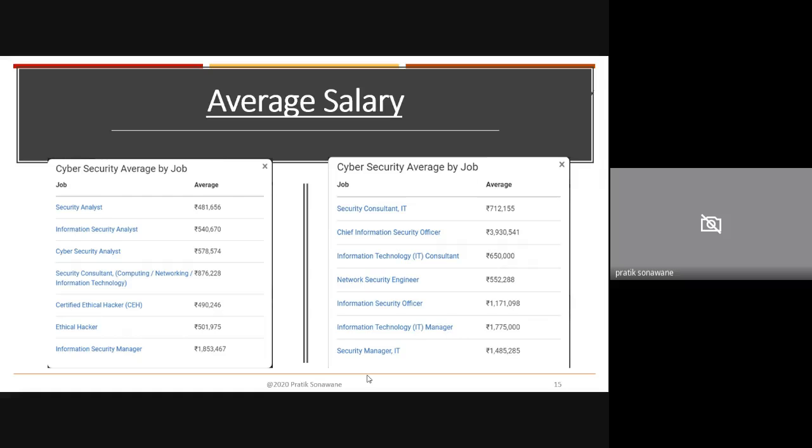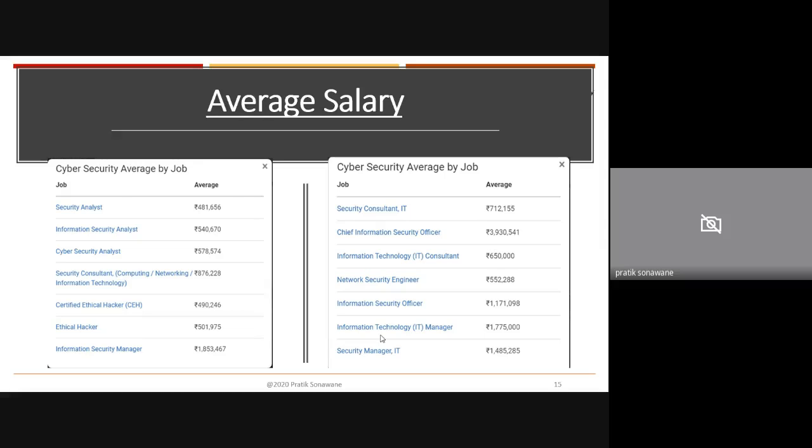And then moving on to the chief information security officer, that's the end goal, which usually after around 10 to 12 years of experience in the security field, you could get paid up to 1 crore also. The average salary I'm putting here is around 40-50 lakhs, but in industry it is more than a crore.